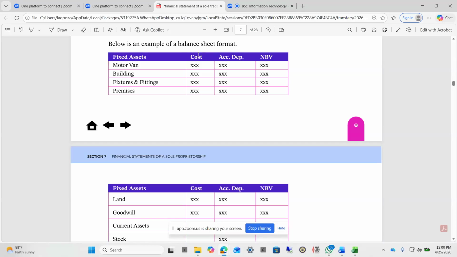It may reduce, and so you charge depreciation every year. When you put it together, it becomes accumulated depreciation. And then when you subtract the depreciated value from the cost at which you bought it, you get the net book value. Is that okay?